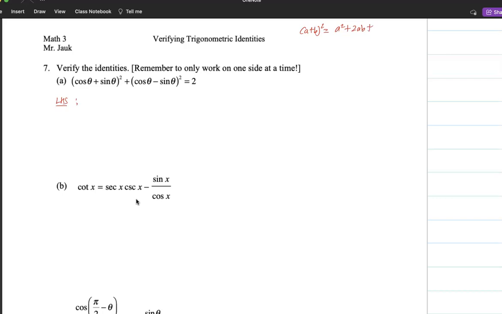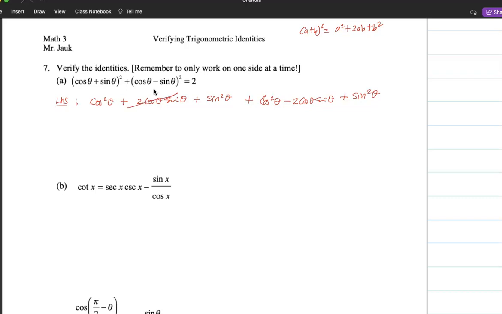So a squared would be cos squared theta, plus 2 cos theta sine theta, plus b squared, sine squared theta, plus cos squared theta minus 2 cos theta sine theta plus sine squared theta.